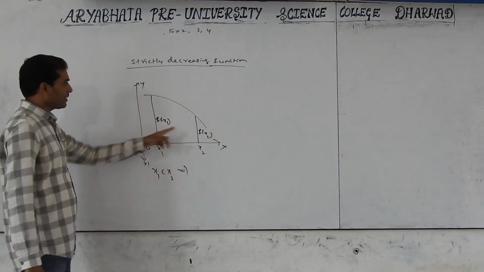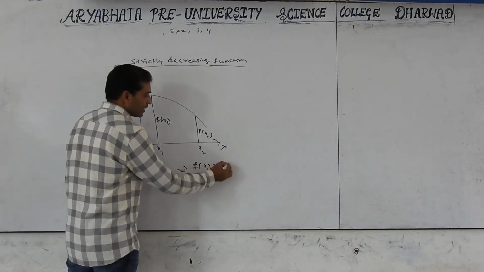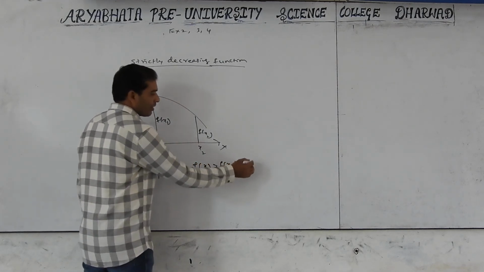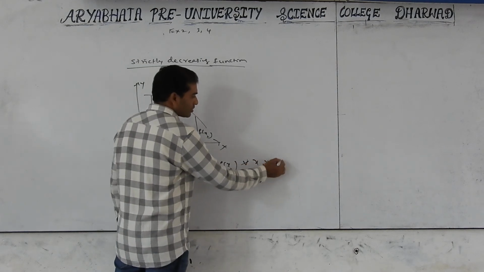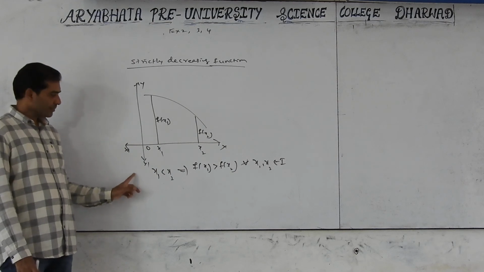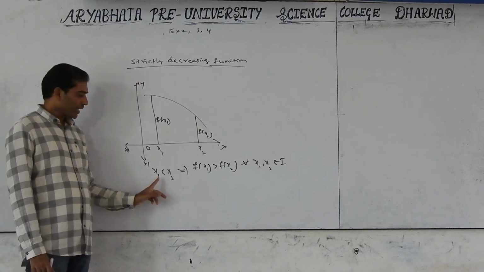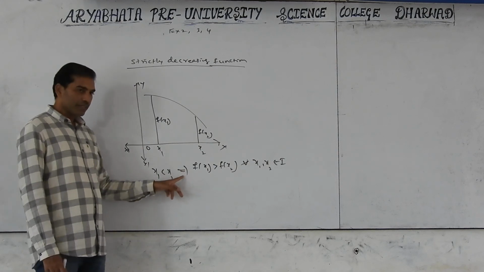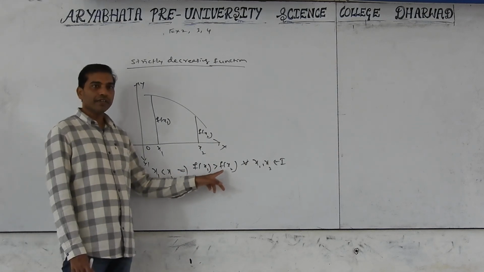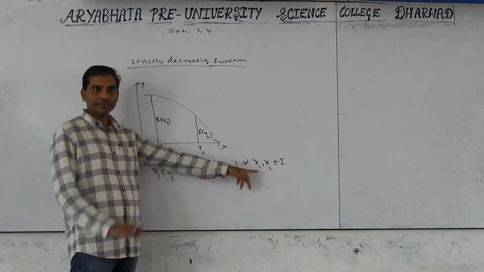What is the relation between these two? f of x1 is greater than f of x2, for all x1, x2 belonging to I, where I is the domain of the function. f is said to be a strictly decreasing function if x1 less than x2 implies f of x1 greater than f of x2 for all x1, x2 belonging to I.